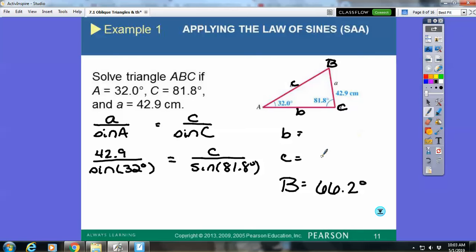And if I'm answering with 3 significant digits, I get that side c is 80.1 centimeters. Make sure when you hit sine 32, you close your parenthesis afterwards. So every time you do a trig function, it opens a parenthesis. Make sure you're closing that.